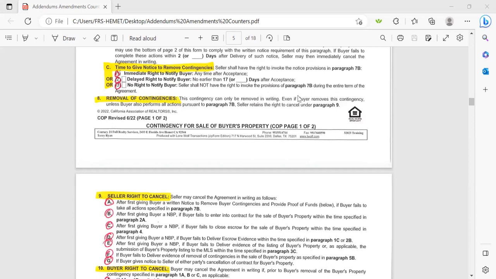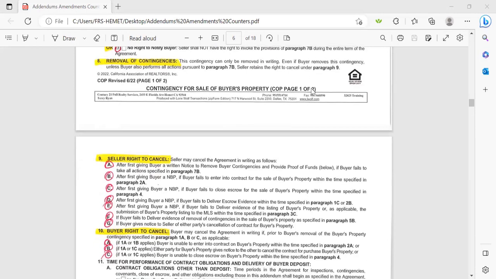Now here again, if I'm representing a buyer, that's a nice thing to have checked if somebody will accept that. I doubt they will. If I were an agent representing the seller, however, I want the immediate right after acceptance. I want to know right off the bat what's going on.